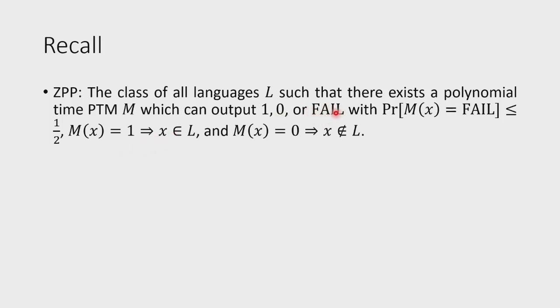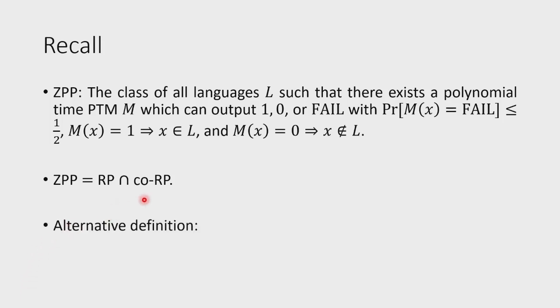Now it can also fail, but the condition is that the probability of failure is at most half, and whenever the Turing machine outputs 1, X is guaranteed to be in L, and whenever it outputs 0, X is guaranteed to be not in L. So a machine in ZPP never errs. It can fail, so it can say, I don't know what the answer is, but whenever it gives you the answer, it's always correct. And you saw that ZPP is equal to RP intersection CoRP.